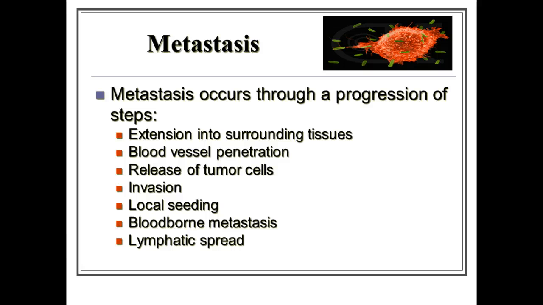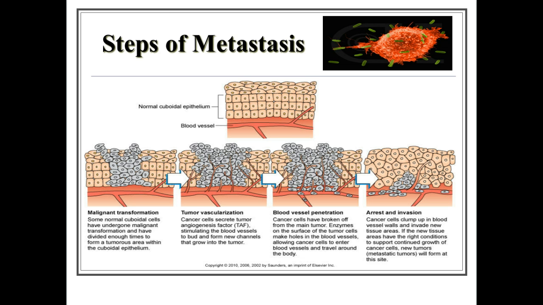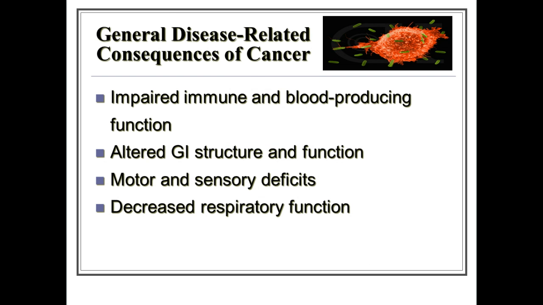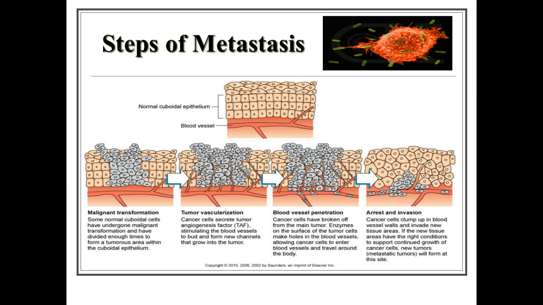So those are the characteristics of metastasis. Right here where we're discussing the steps of metastasis, you can see normal cuboidal epithelium in the blood vessel, and it's showing you pictures of what's going on when a cell metastasizes.